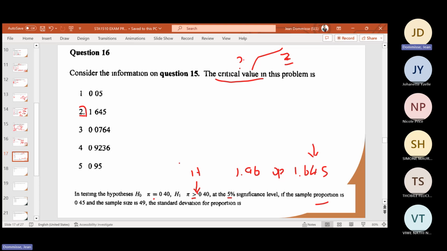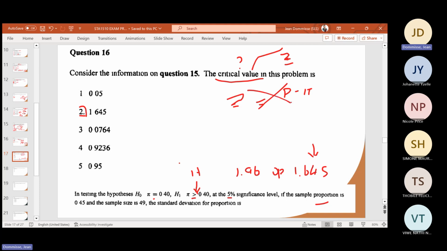If we needed to work out our test statistic, then we would have gone the whole way of Z is equal to, and in this case it would have been proportion. We would have done this whole equation, but we want to use the critical value, so it's not needed. We can just go to the table.